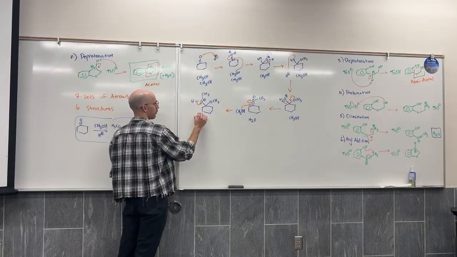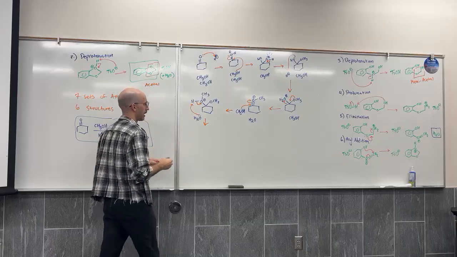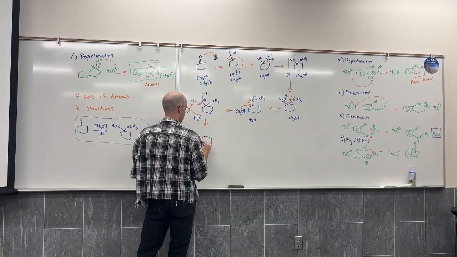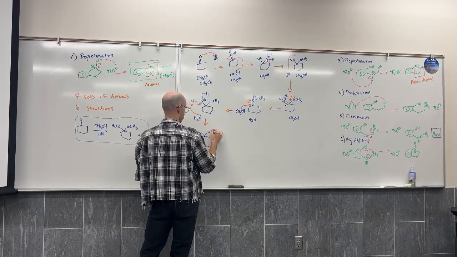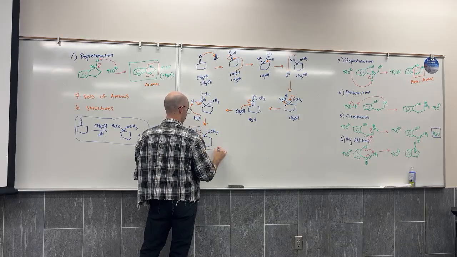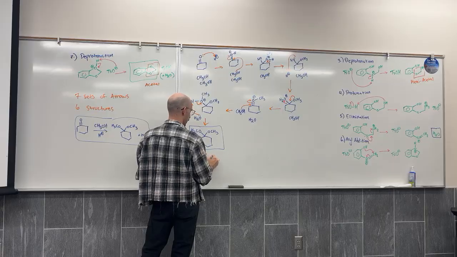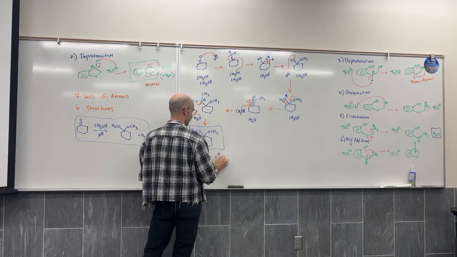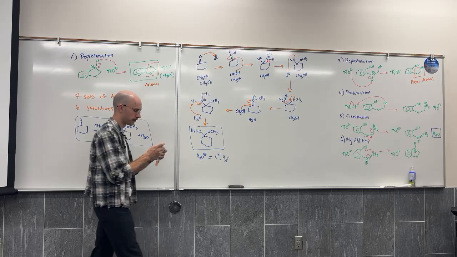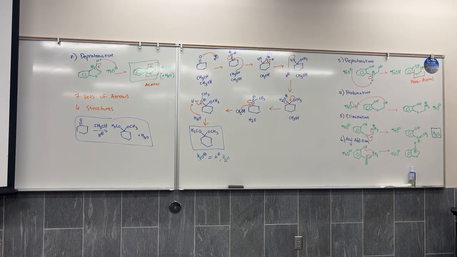I have this molecule of water here, so I could show water serving as that conjugate base, which would leave me with H3O+, but again, that's the same as saying H+ and H2O. Okay, congratulations, that is your acetal mechanism, 7 steps.